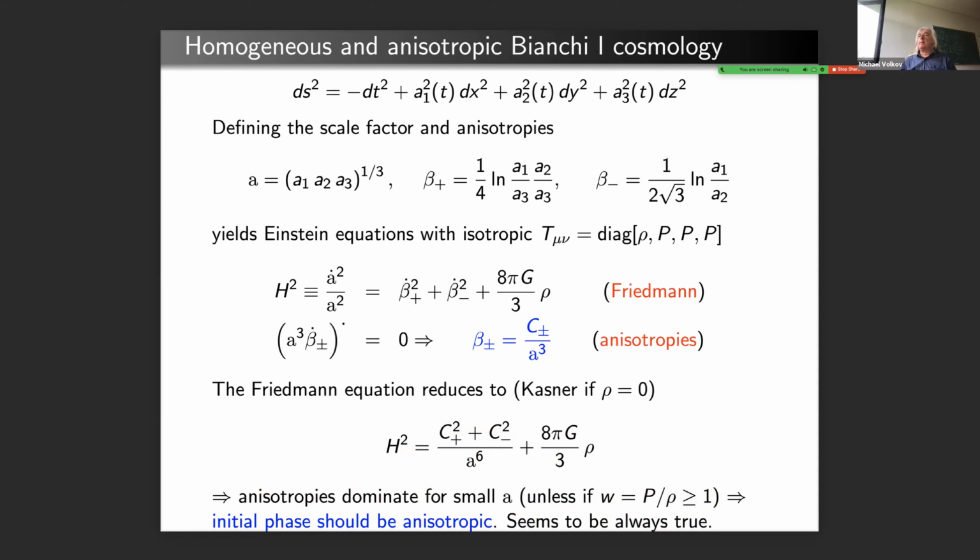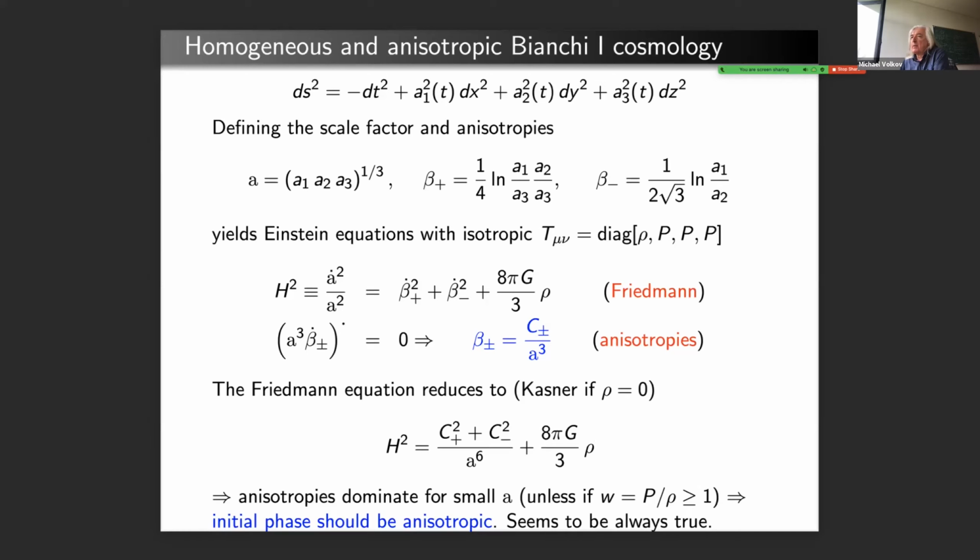We obtain that the Hubble on the left is proportional to the contribution of anisotropies, and there is the energy density. And one can see that the anisotropy contribution decreases very fast when A increases, and therefore at late times anisotropies become completely irrelevant.